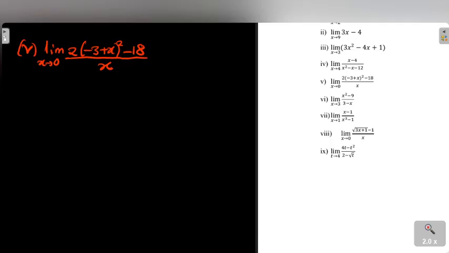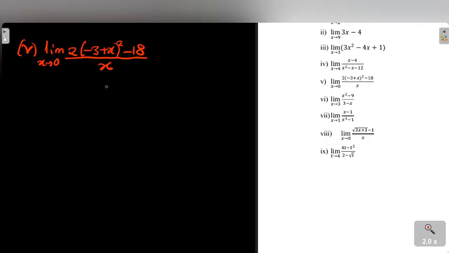When you look at this function, our denominator is x. So when we substitute with 0, we are just testing with the denominator. Whenever you have a fraction, you just test with the denominator. When you put 0, the denominator will be 0. Remember, the denominator should never be equal to 0 whenever you have a fraction. So if it is equal to 0, it is undefined.